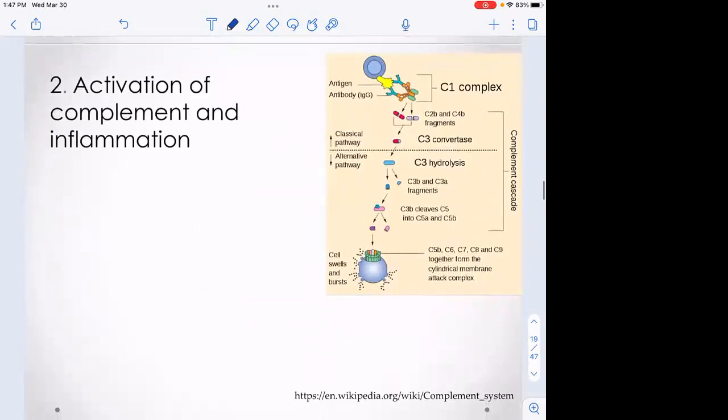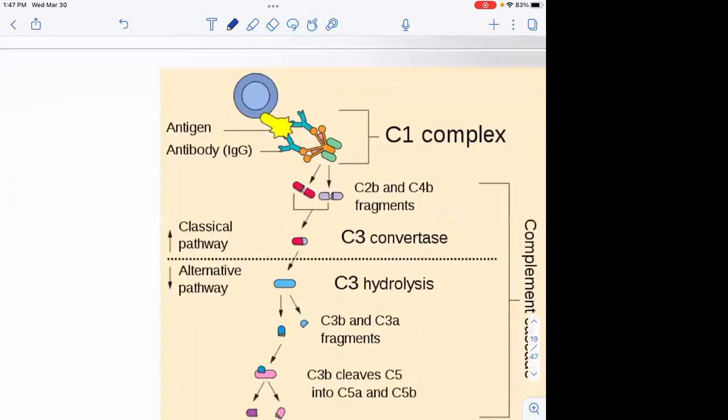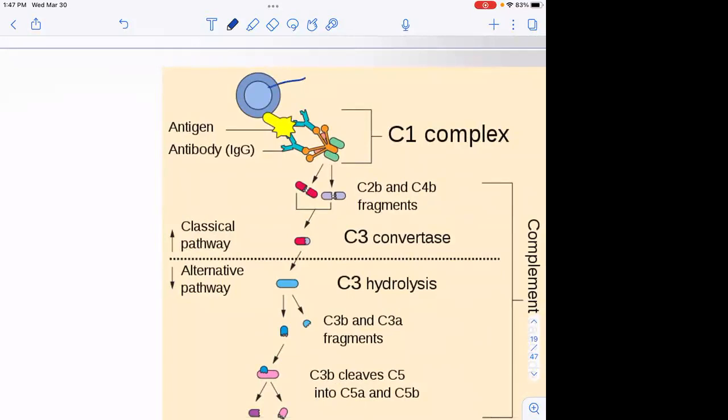This next function we've actually talked about already: activation of complement and inflammation. It's a small diagram there. Maybe I can make that a little bit bigger. So here we've got the bacterial cell, the antigen, which is drawn kind of weirdly there in yellow, and then an antibody bound to that antigen. That antigen antibody combination acts to activate the C1 complex.